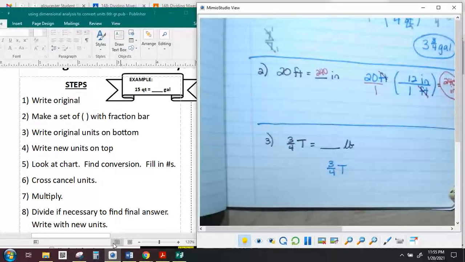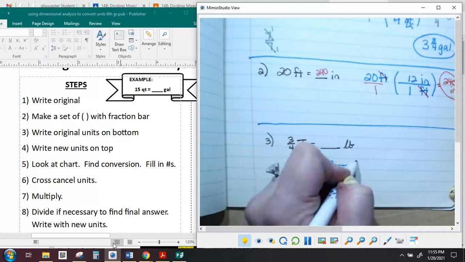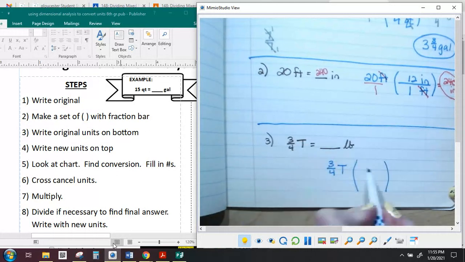Okay, write the original. Step 2, make parentheses with a fraction bar. Step 3, put the original unit on the bottom. Step 4, put the new units, LB, on the top. I don't know why pound is LB. Go ask Siri or Alexa. I'm not sure. It just is.